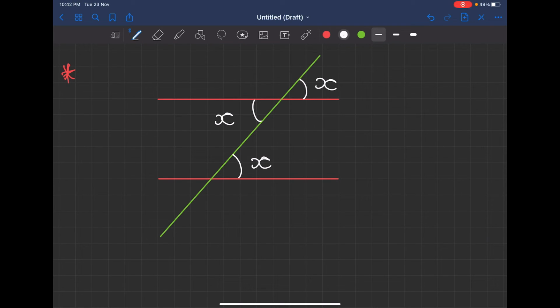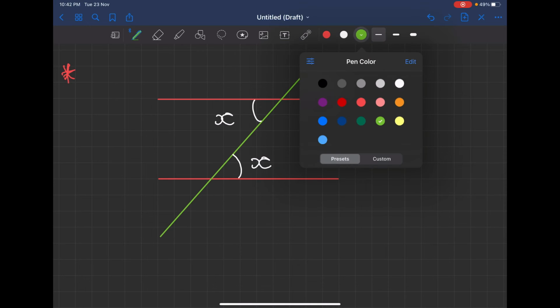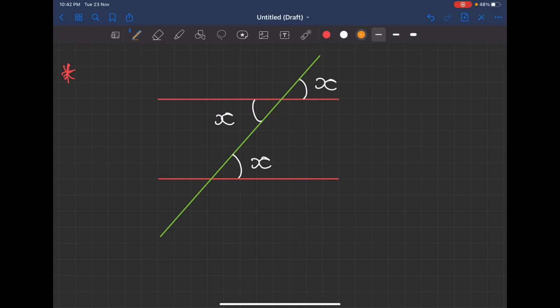You can also see the relation between these two angles right here, that they are vertically opposite angles, and vertically opposite angles, as we studied in the previous slide, are also equal. So no objections in that. There's one more important property, very important, you need to keep that in mind.